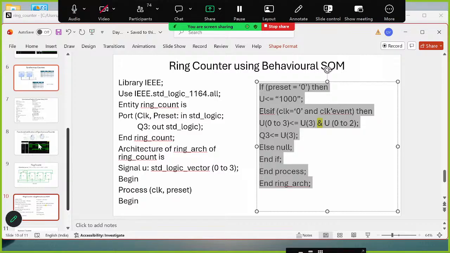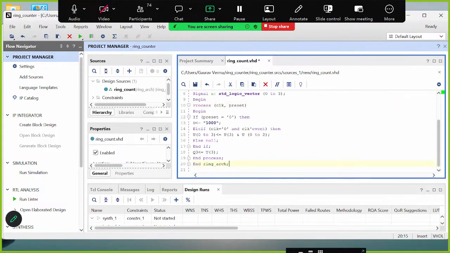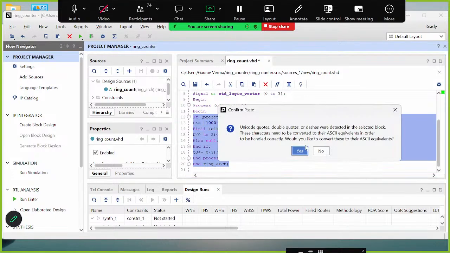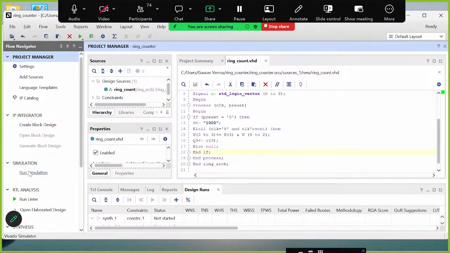Now let's check the program now. Again, we have done some small changes in this program, and let's see whether it is working as per our need or not. Again, we'll do the simulation.